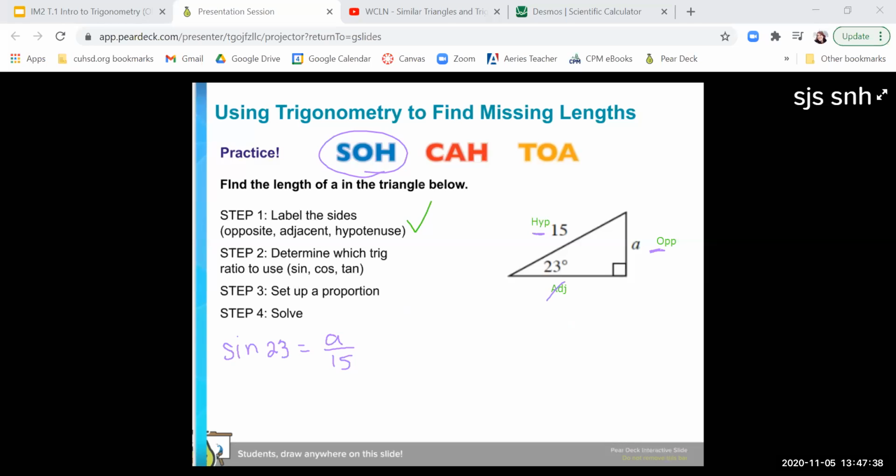So again, you punch in sine of 23, which is 0.3907. All right, once you have that, I'm going to go ahead and put this over 1 so that I have like a nice clear proportion set up.